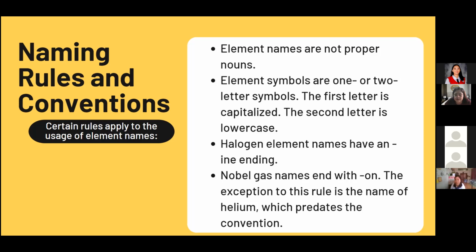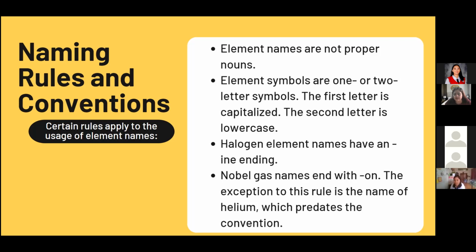Kasi for example, isulat natin yung symbol ni osmium, which is Os. So if i-capitalize natin yung both letters, mabasa siya as oxygen and sulfur, which is mali. So dapat Os. So dapat i-follow talaga na pag magsulat ng symbol, ang first letter ay naka-uppercase and ang second letter ay naka-lowercase.